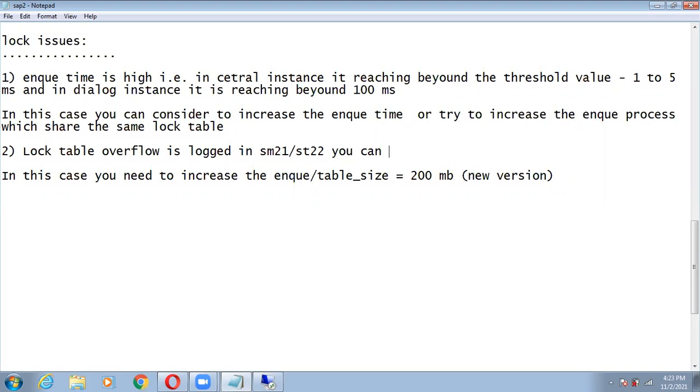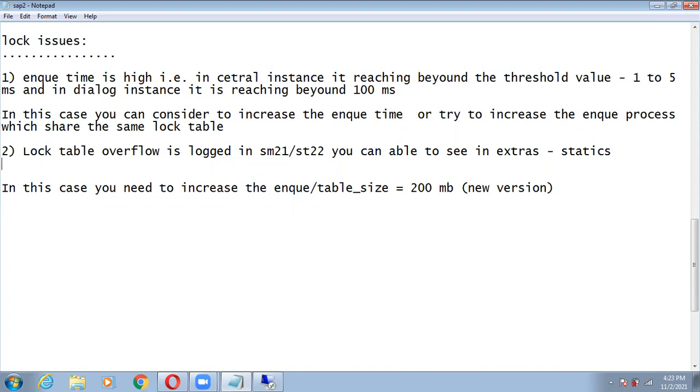You can see it in extras and statistics, and another one, extras, top capacity, used. Okay, that is current. So you need to monitor regularly.